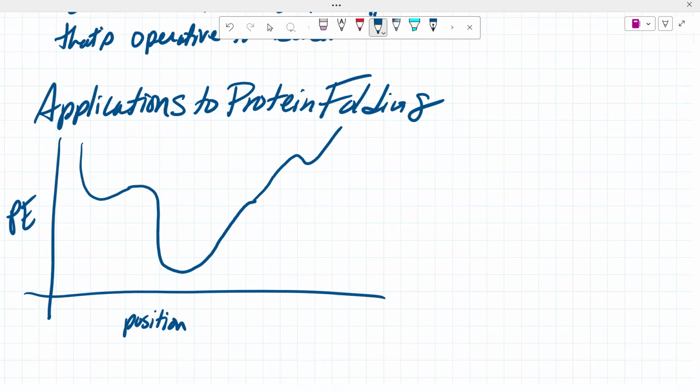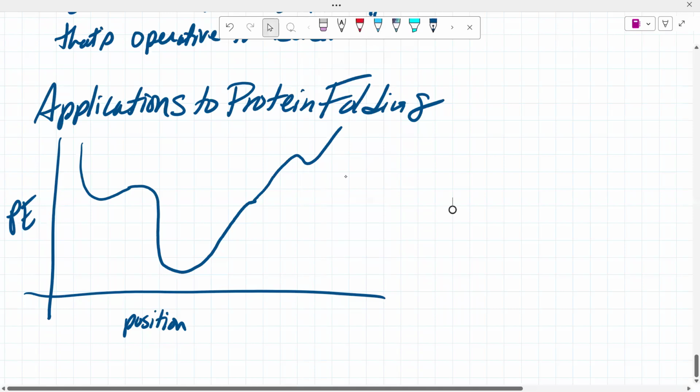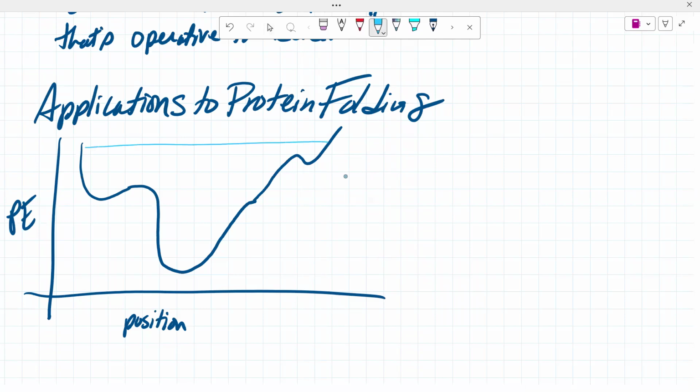Let's be realistic and understand that we cannot really draw the multidimensional potential energy diagrams, because they would be of very high dimensionality.